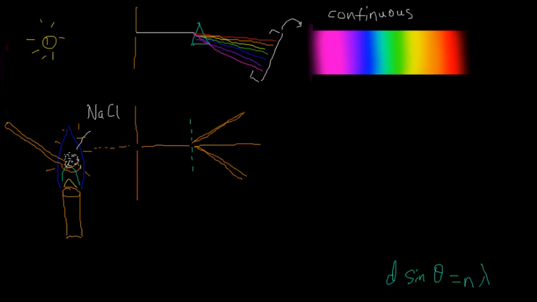Okay, so if we imagine that this falls on a piece of paper, okay, just put a piece of paper here to observe the spectrum. What would it look like? Draw the piece of paper here.